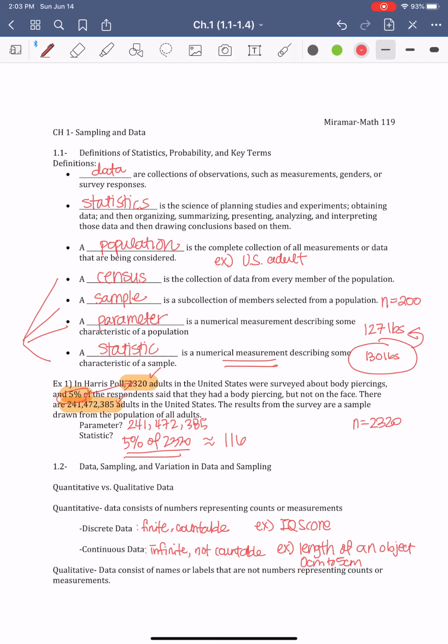Now I want to talk about the discrete data a little bit more. I just mentioned that it's finite and countable, but discrete data can have an infinite form as long as you can count. What does that mean? Well, let me first write it down. Discrete data can have infinite form as long as you can count.